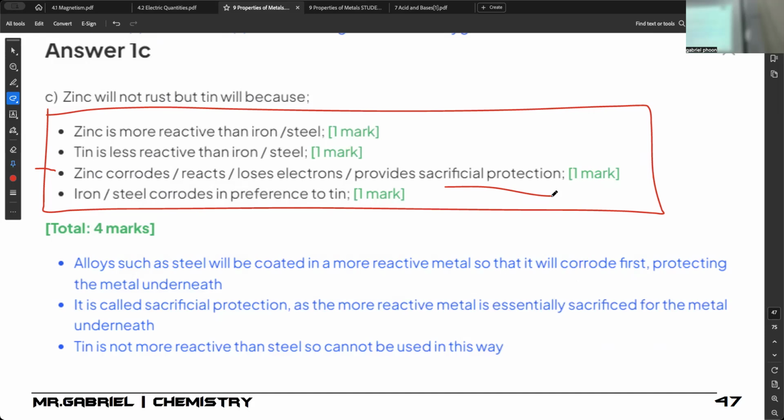Supposed to look at it based on the reactivity. Usually this is more reactive. You can have it from this paper. She's done already.